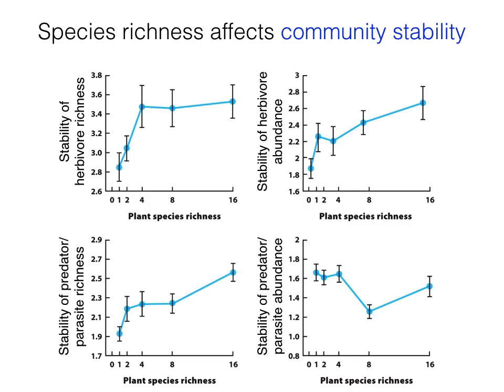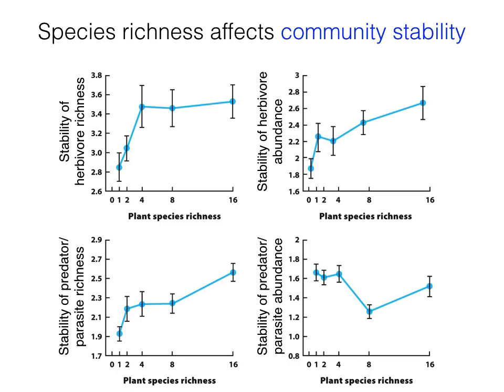So let's take a look at the stability of herbivores. Starting with the graph on the upper left, you can see that an increase in the diversity of plants along the x-axis caused greater stability of richness and abundance of herbivores, richness being in the top left graph and abundance in the top right graph.